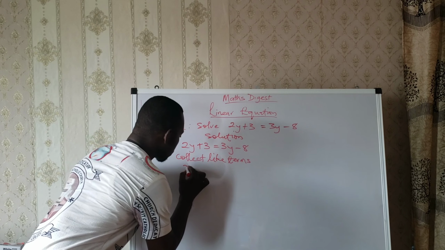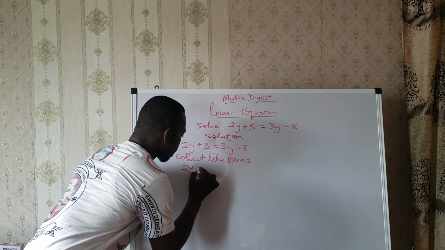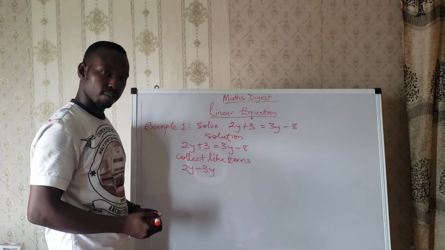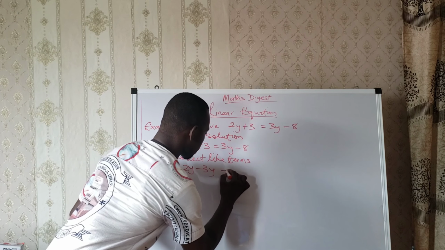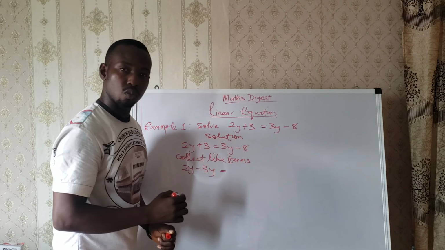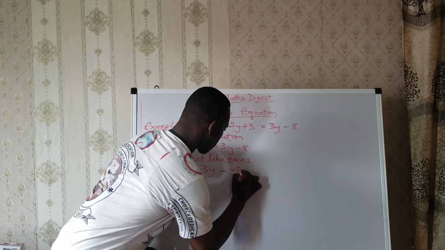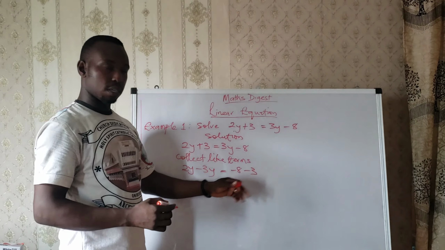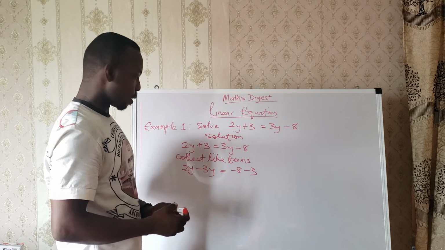We say 2y minus 3y equal to minus 8 minus 3.